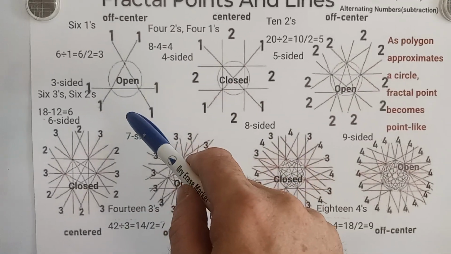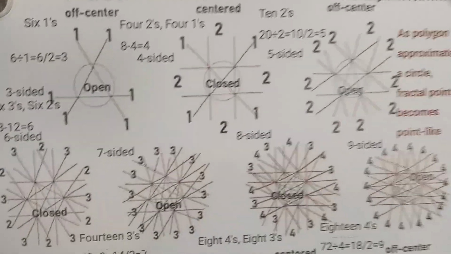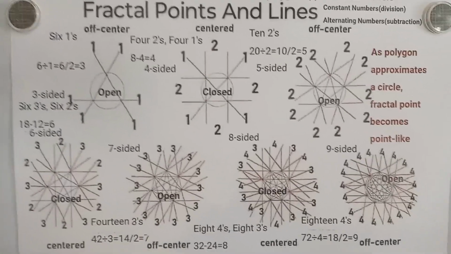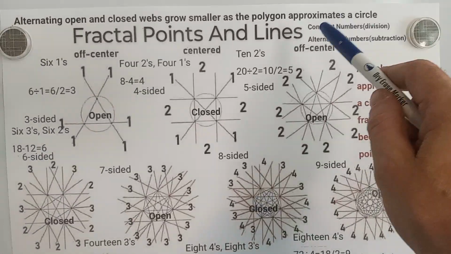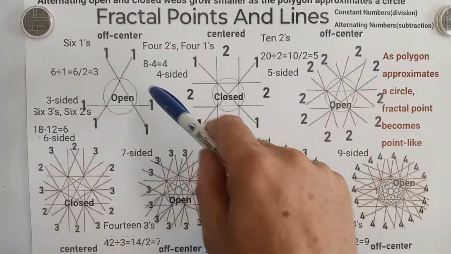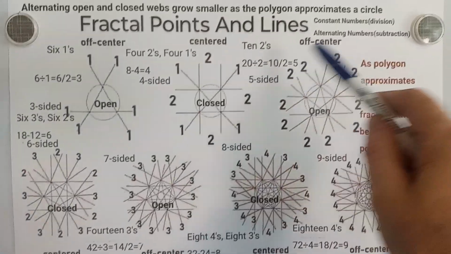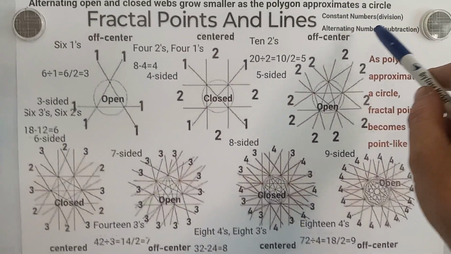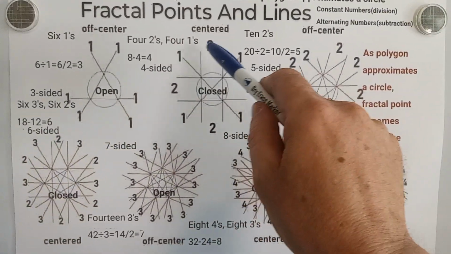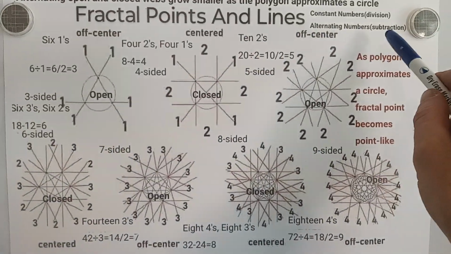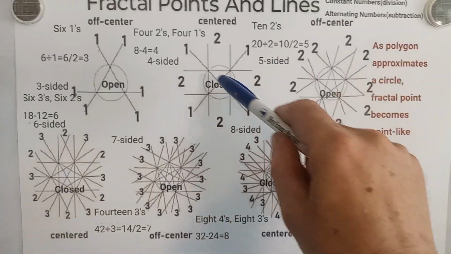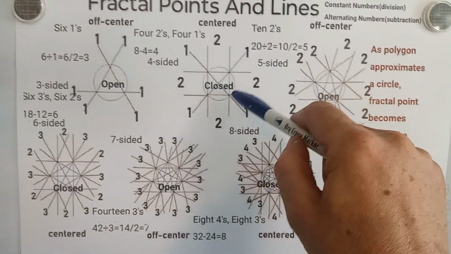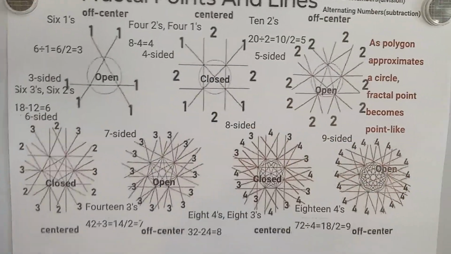And what I've determined is that with constant numbers, like 1, 1, 1, 1, 1, 1, you do division. With alternating numbers, you do subtraction. 1, 2, 1, 2, 1, 2.